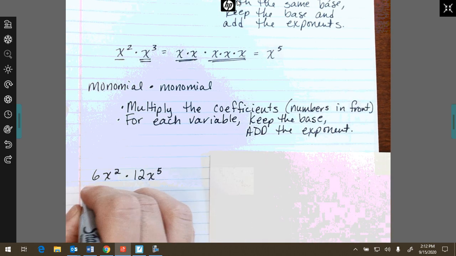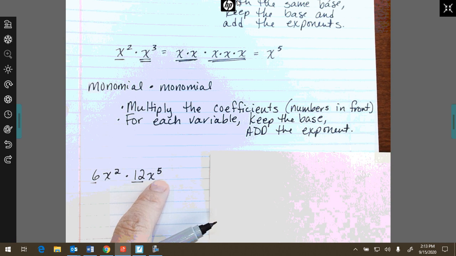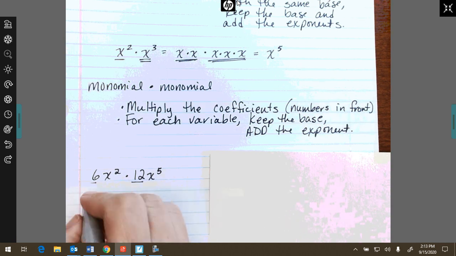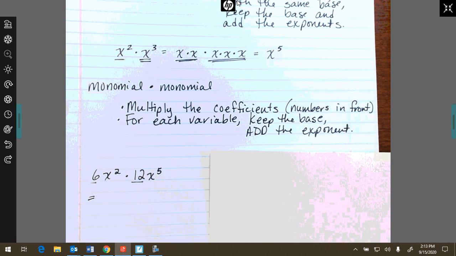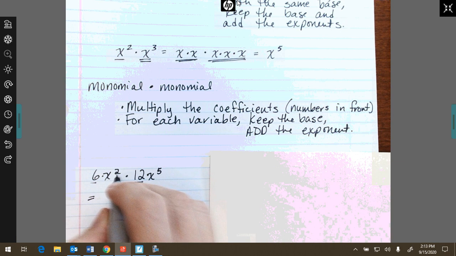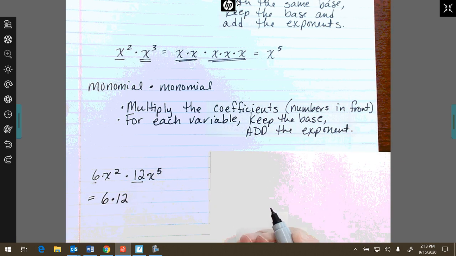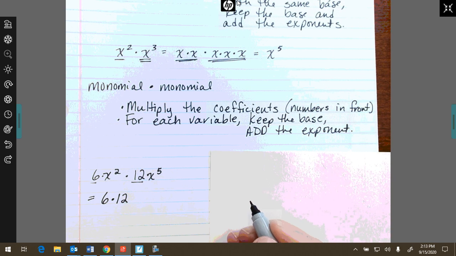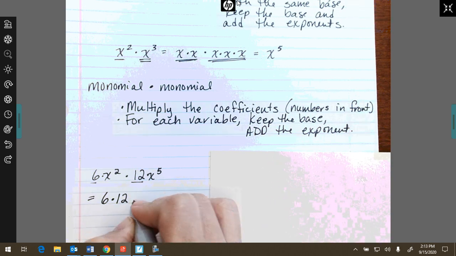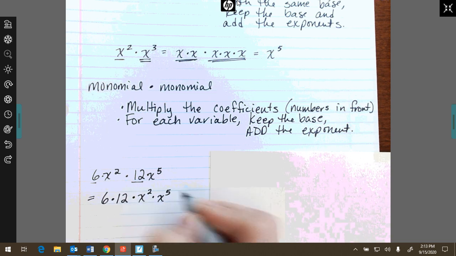So right here we have 6 times 12. Those are the coefficients. And then we have x squared times x to the 5th. Now, normally I skip this step, but I want to make sure you understand I'm basically rearranging. Because this is all multiplication, using my commutative property that tells me I can multiply in whatever order I want to, I'm pulling the 6 times 12 to the front and then putting the x's together.